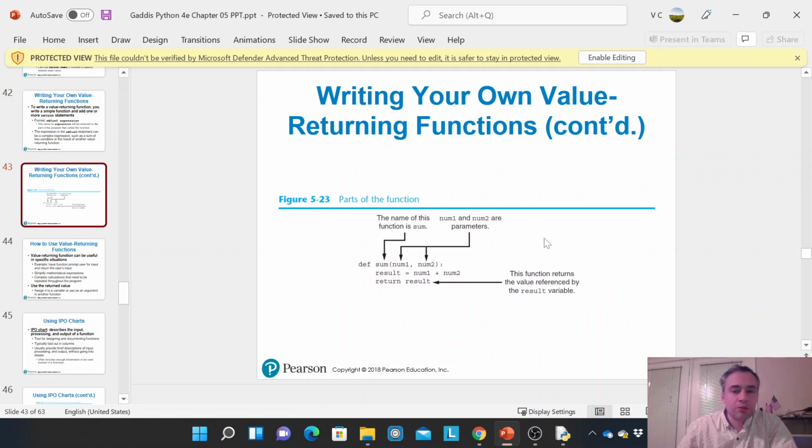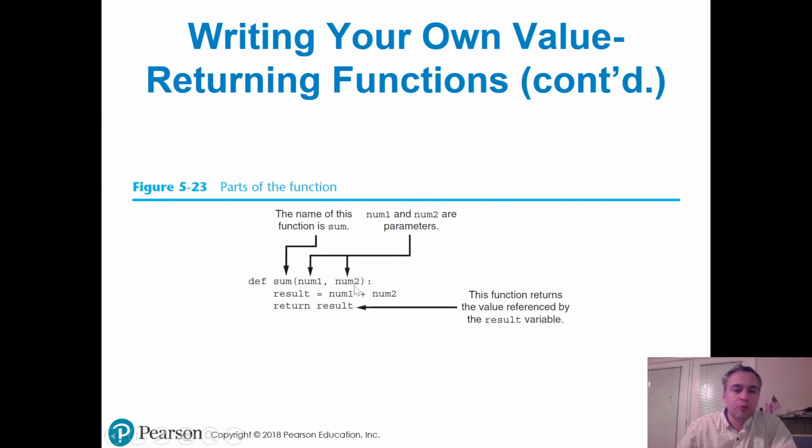We talked about this kind of function, but maybe I'll quickly show you an example. Sum of two numbers: instead of printing, it returns the result. So num1, num2 are two parameters. Compute the sum, return that.